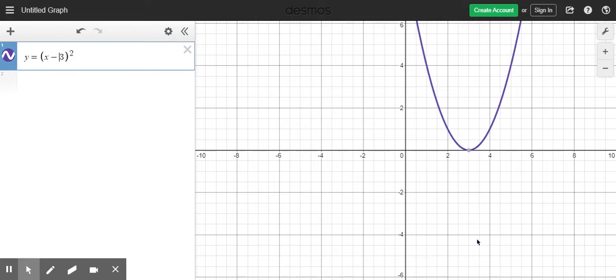On the other hand, if there was a minus, replacing the x with x minus 3, it shifted to the right. So those are your basic horizontal shifts.